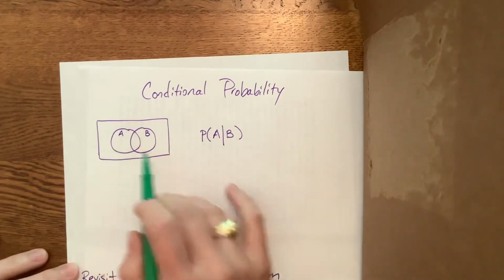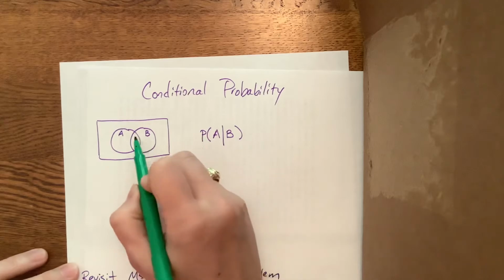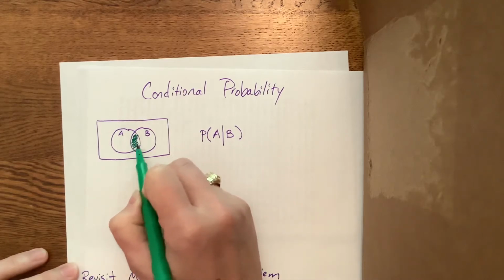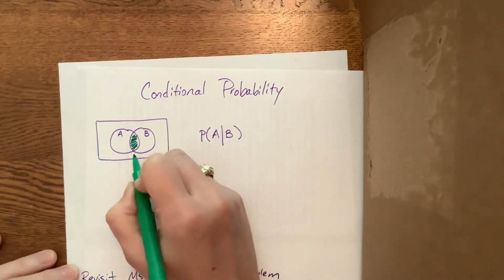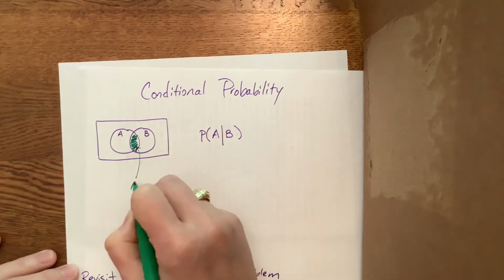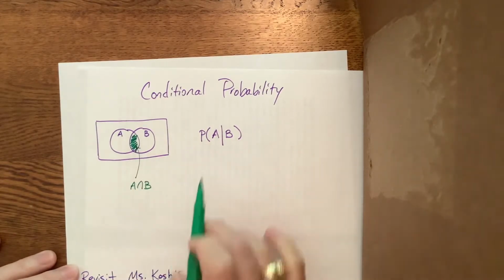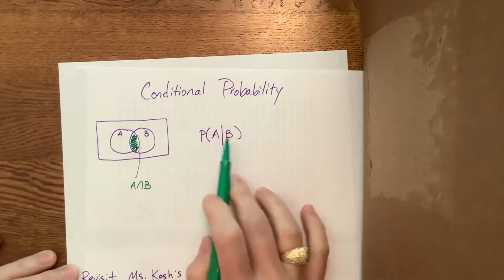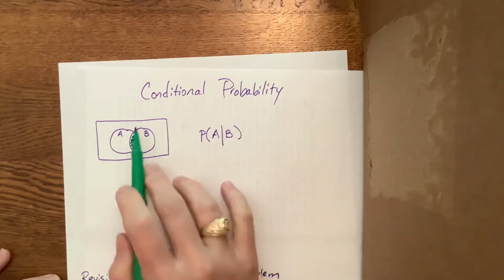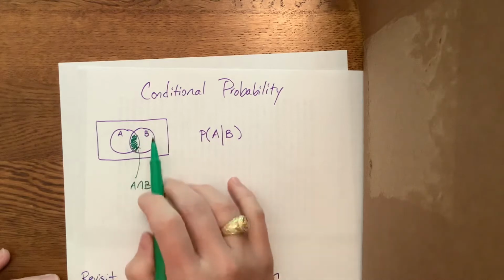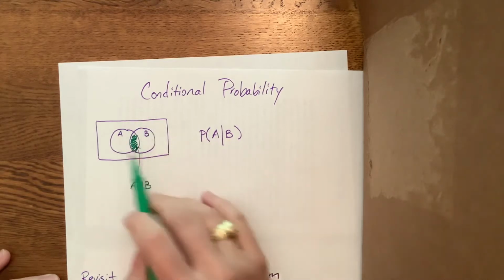So keep in mind with this one, this part right here in our Venn diagram is the intersection. So A intersect B is that right there. And so if we're saying find the probability of A given B, it's easy to see in a Venn diagram. That's saying, okay, you're living in the world of B, whatever this world is.